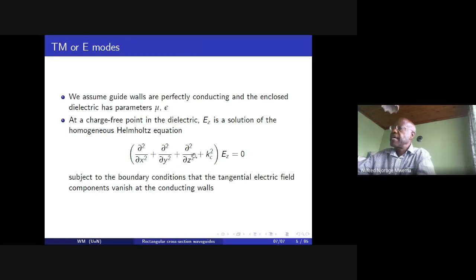But in the z direction, of course, is in the direction of propagation, and that will be k. This is not kc squared, this should just be k. And dz equal to 0, subject to the boundary conditions that the tangential electric field components vanish at the conducting walls.